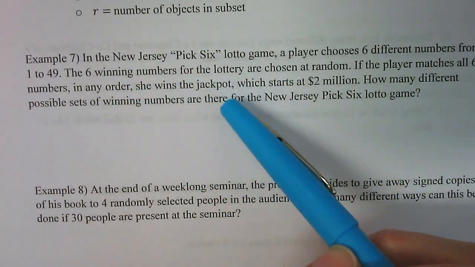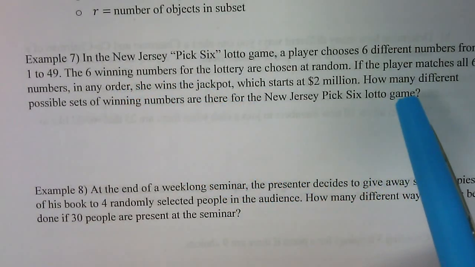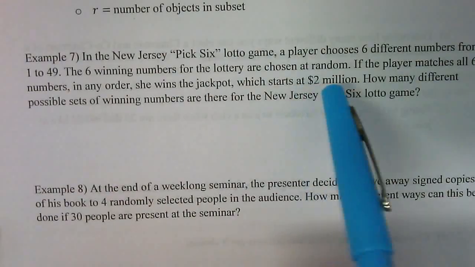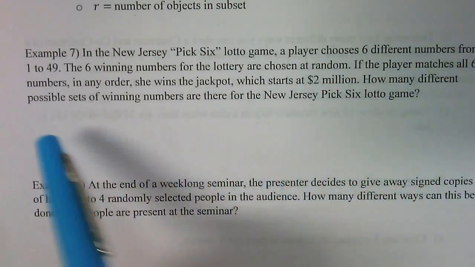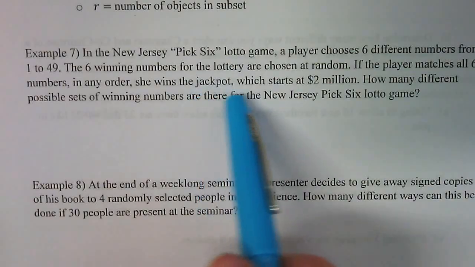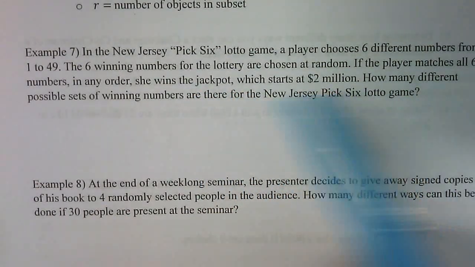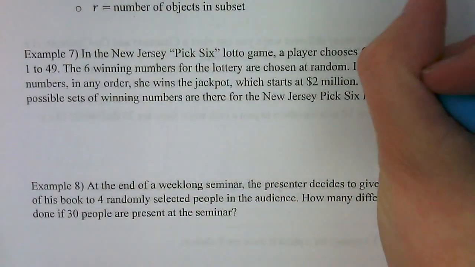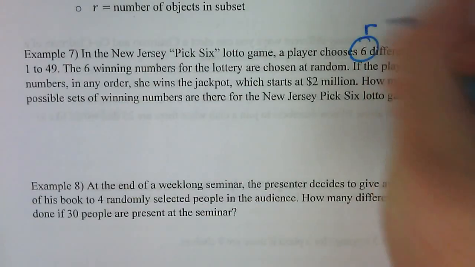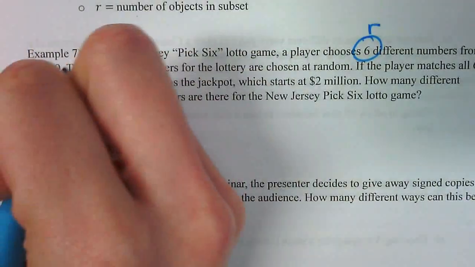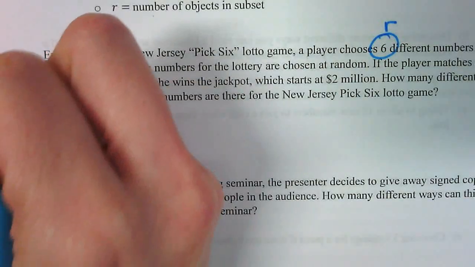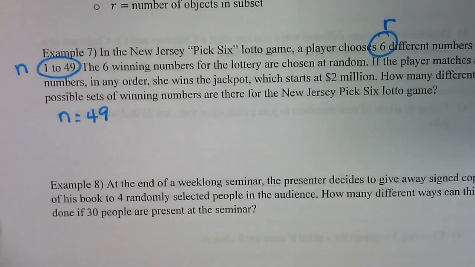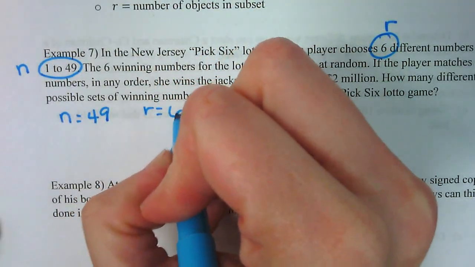It says New Jersey Pick 6 Lotto game. A player chooses 6 different numbers from 1 to 49. The 6 winning numbers for the lottery are chosen at random. If the player matches all 6 numbers in any order, she wins the jackpot, which starts at $2 million. How many different possible sets of winning numbers are there for the New Jersey Pick 6 Lotto game? We're picking 6, so that's our R. They go from 1 to 49, so that's our N. So our N is 49, and our R is 6.